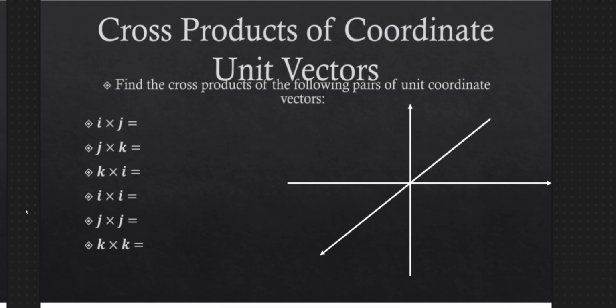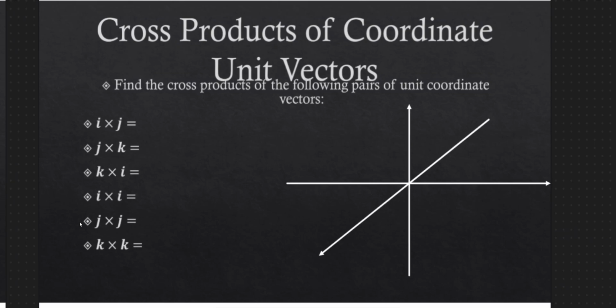Well, we're going to do this by first seeing how they interact with our unit coordinate vectors. Remember i, j, and k. This is our y-axis, this is our x-axis, this is our z-axis, coordinate axes. I'll use red for i, which is 1 in the direction of the positive x-axis.